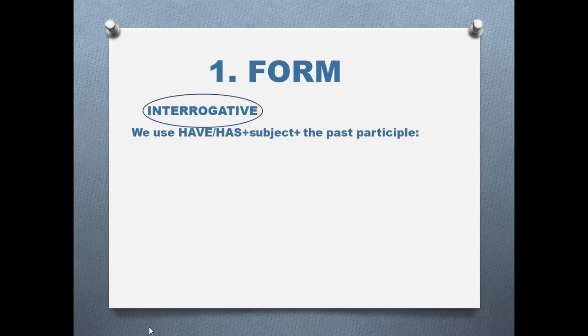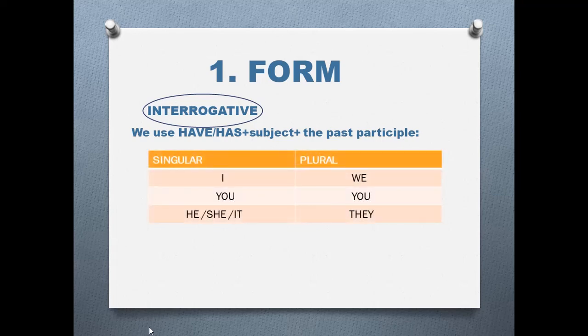So, the resulting structure will be have or has and then the subject and finally the past participle. Of course, this is relating to the basic structure of a present perfect question. Remember that we can also add at the beginning of a question a WH word to make WH questions.